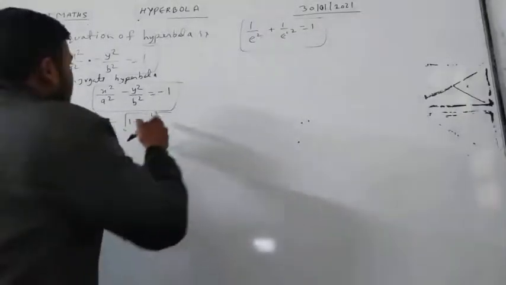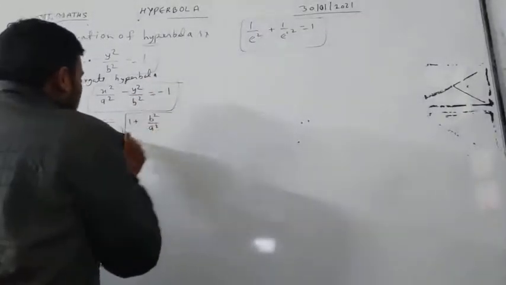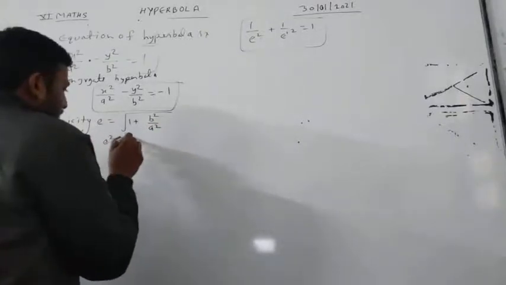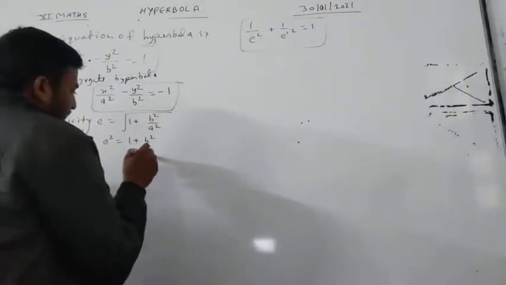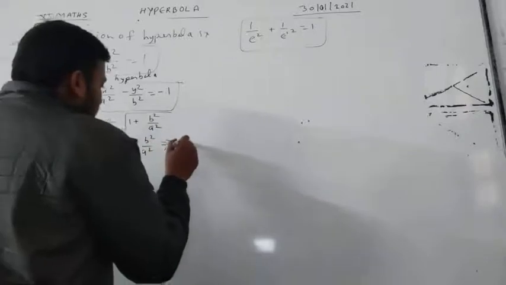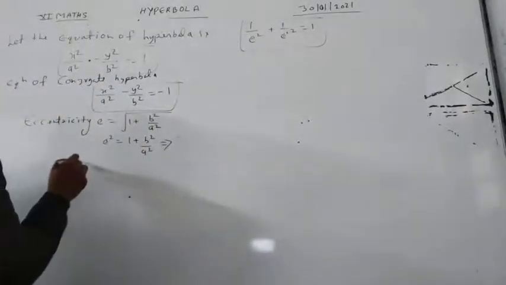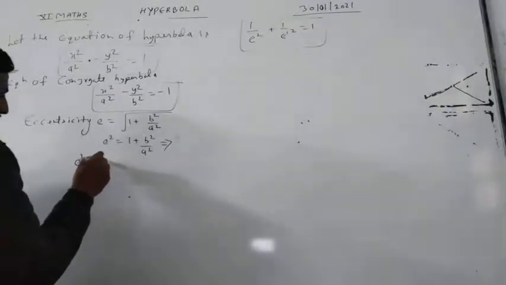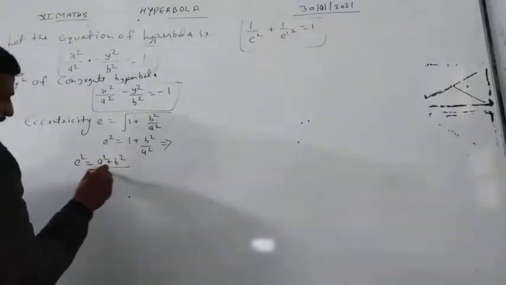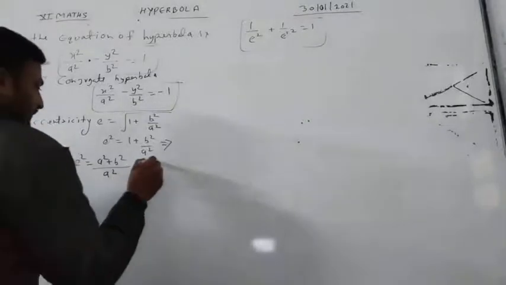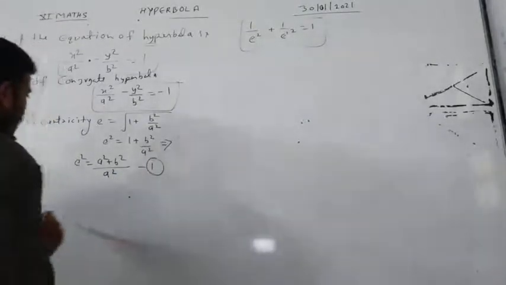Okay students, in first case, E square is equal to 1 plus b square by a square. So this implies student E square is a square plus b square by a square. This is first equation.